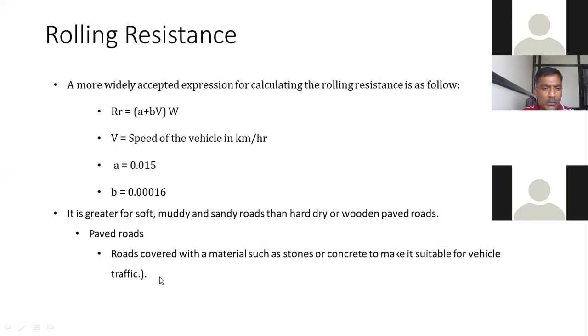That will spread a uniform layer of small stones and concrete, and that is useful to create good roads. Okay. This rolling resistance is less with pneumatic tires as compared to solid rubber tires. Wherever pneumatic tires are provided, those vehicles will have less rolling resistance as compared to solid rubber tires.